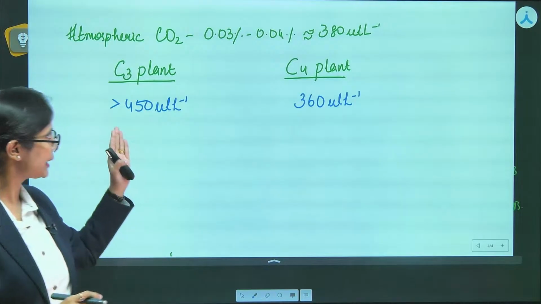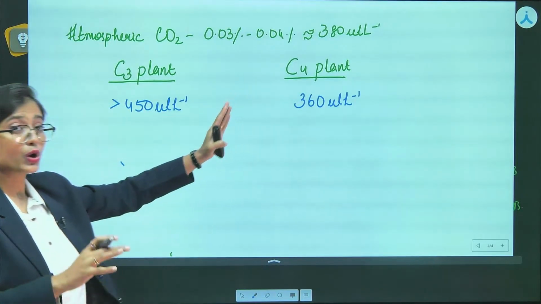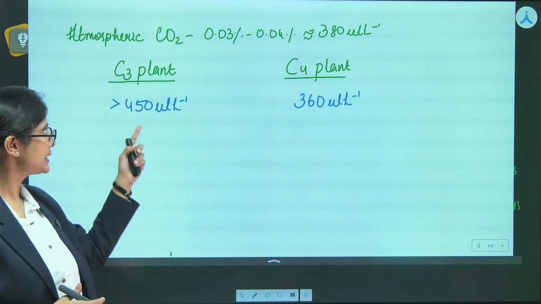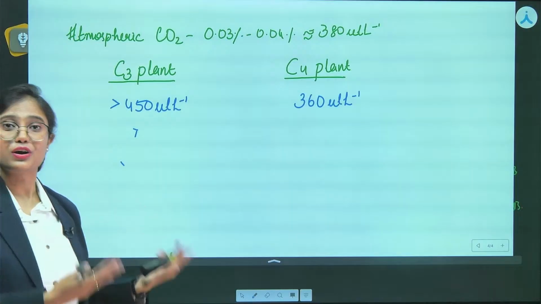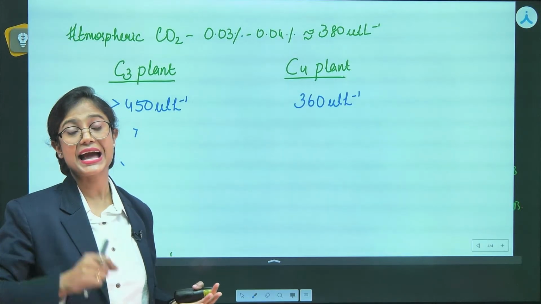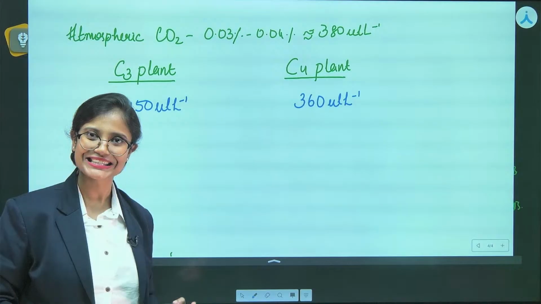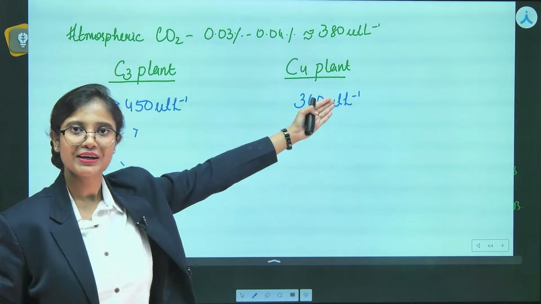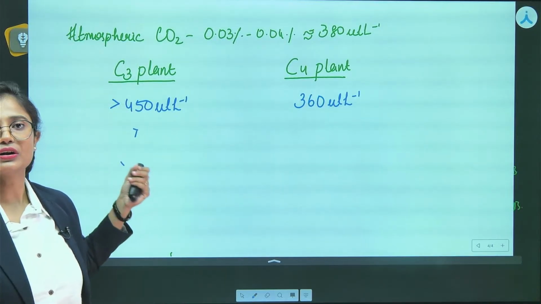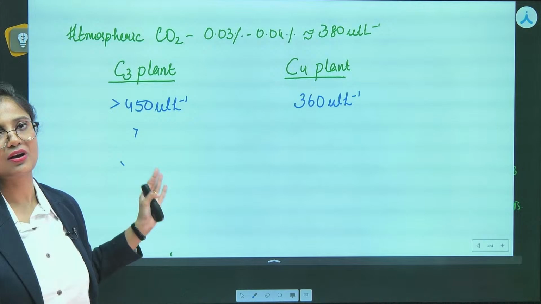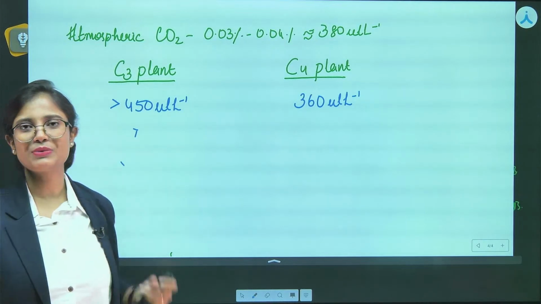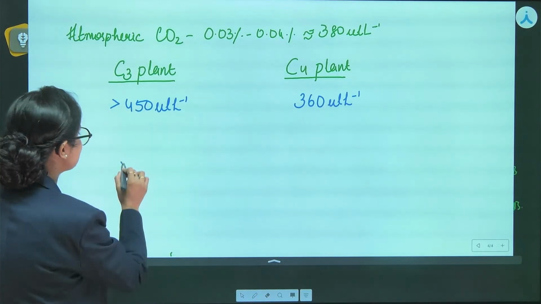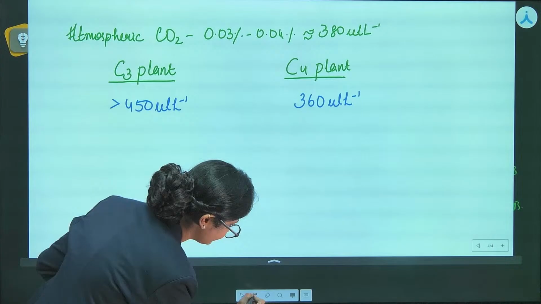So if we compare C3 and C4 plants, which is still more deficient in carbon dioxide? C3. This is one of the reasons why the productivity and efficiency of C3 plants is less than C4 plants. Because this much amount is not present in the atmosphere, but still it is required beyond 450 microliter per liter for its optimum utilization. That's why the productivity of C3 is less than C4 plants.